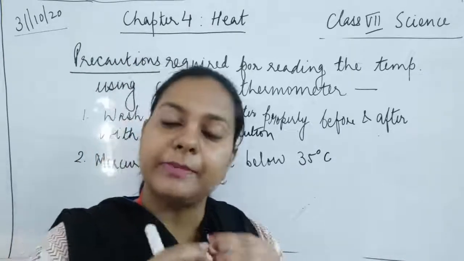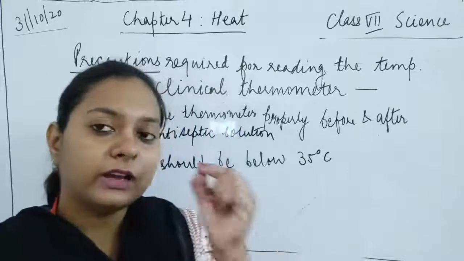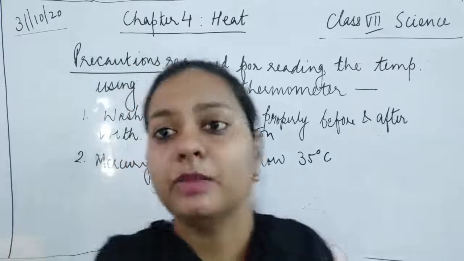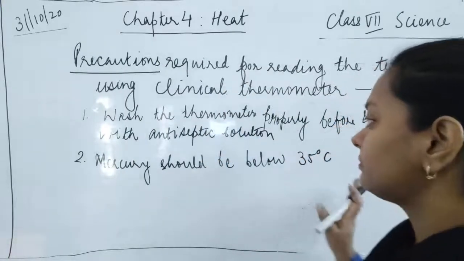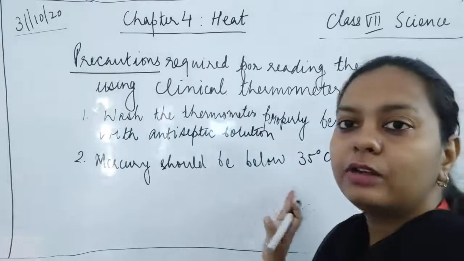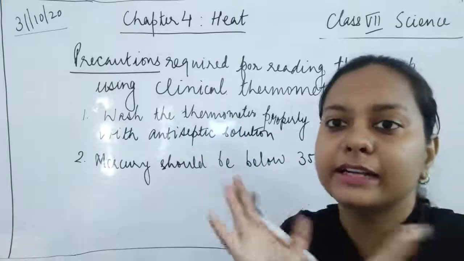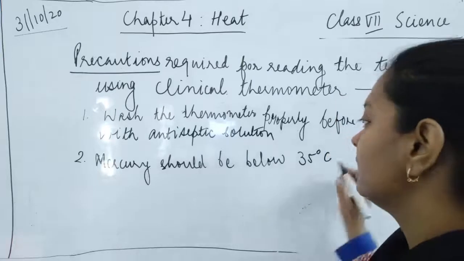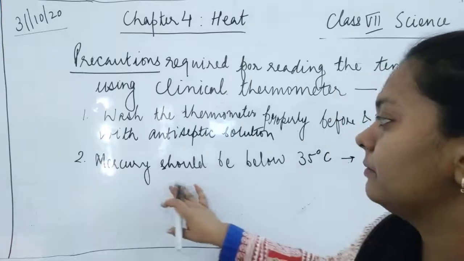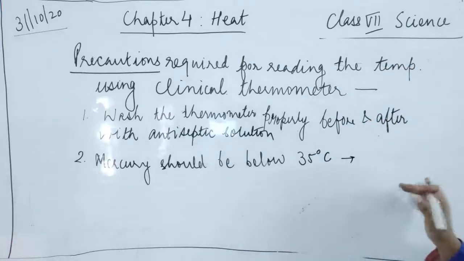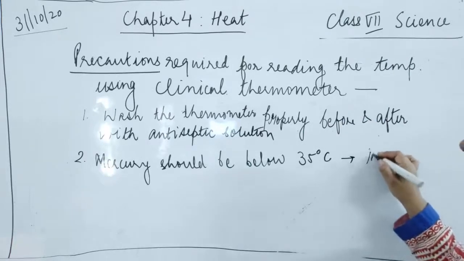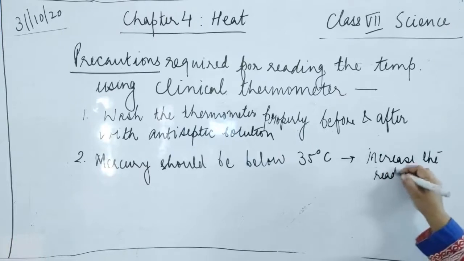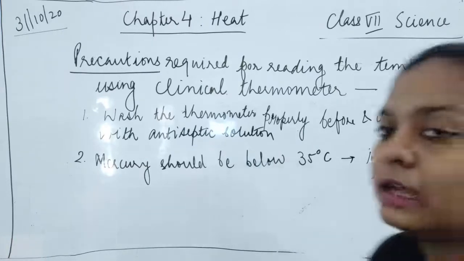Okay, so as the capillary is a very thin tube, if even a very small amount of mercury is already present in the capillary tube, then what happens? It is going to increase the temperature, and it is going to increase the reading.